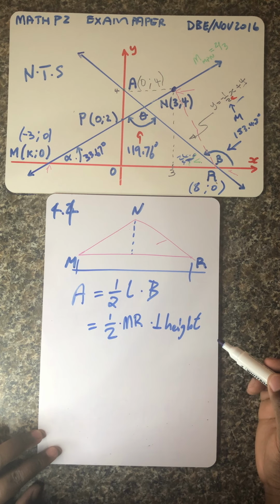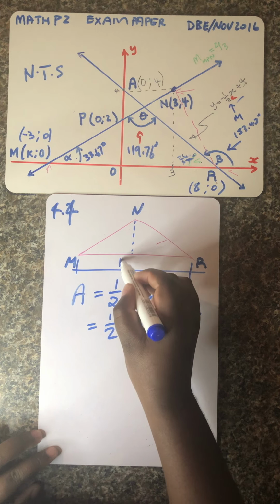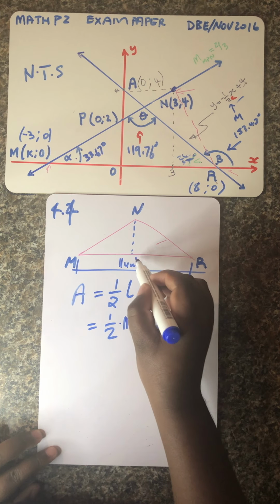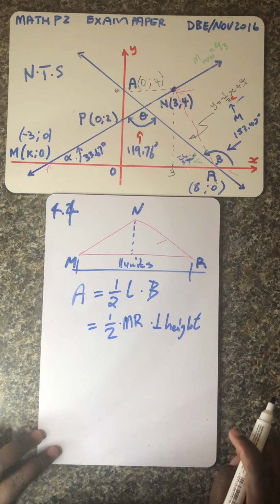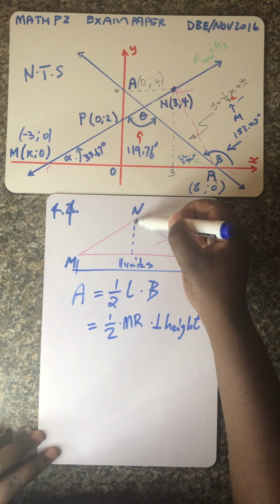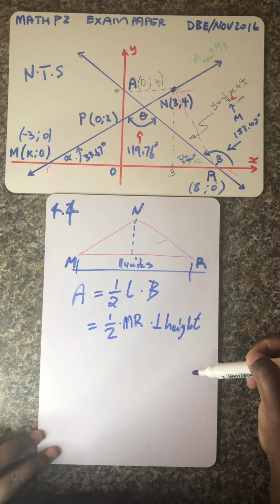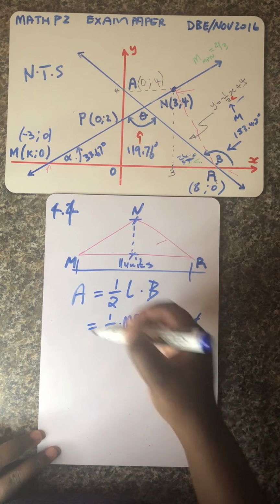Do we actually know what that length is, guys? We do, because we just calculated it in the previous question. We know that is 11 units. And again, do we know the value of that perpendicular height? Do we know the length from there up to there?